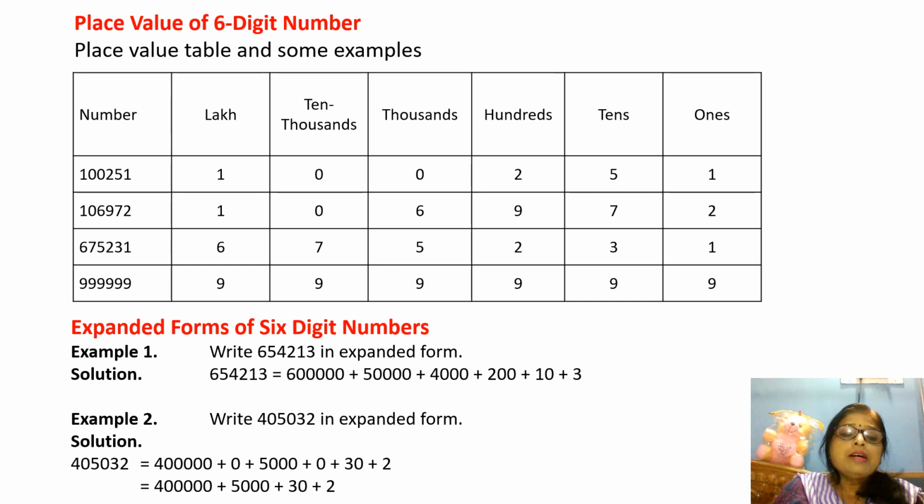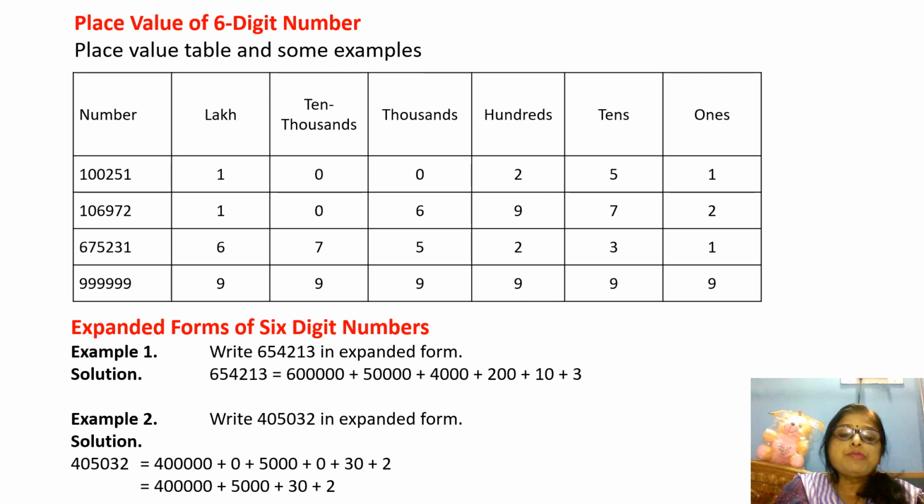And here the 6-digit number 1 lakh 251 is given, and from right to left you are proceeding. So 1 belongs to ones, then 5 belongs to tens, then 2 hundreds, then 0 thousands, 0 ten-thousands and 1 lakh. In this way you can write the place value of a specific digit.